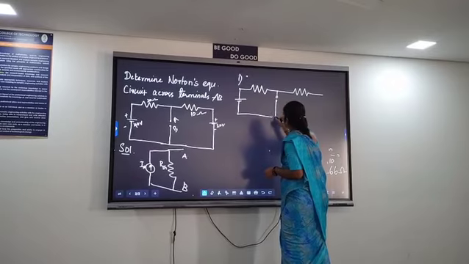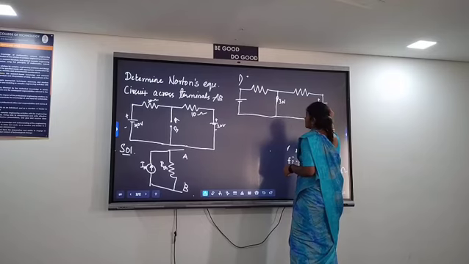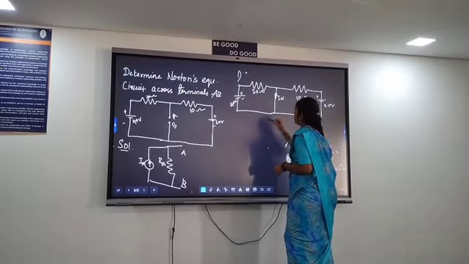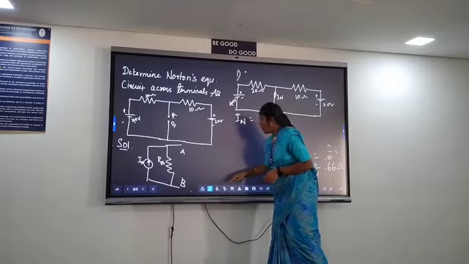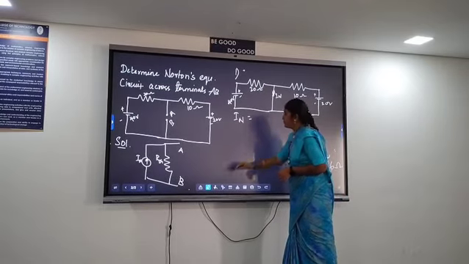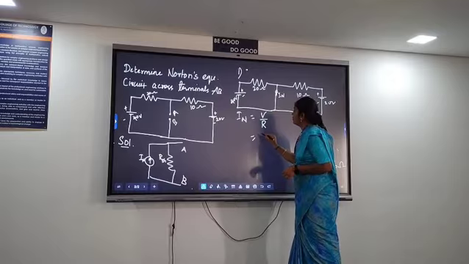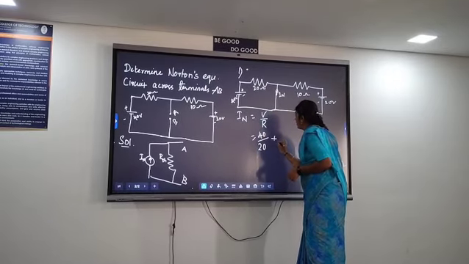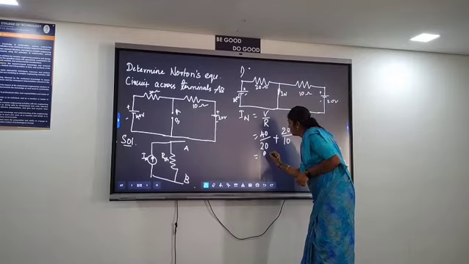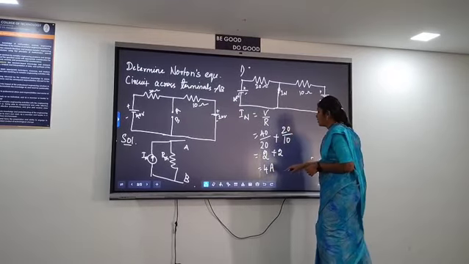These are the terminals A and B, and the voltage sources are 20 volt and 40 volt, with 20 ohm and 10 ohm resistors. Using Ohm's law, I is equal to V by R. Taking this loop, V by R is 40 divided by 20, plus in this loop 20 divided by 10, which is 2 plus 2, equal to 4 ampere. So the value of IN becomes 4 ampere.